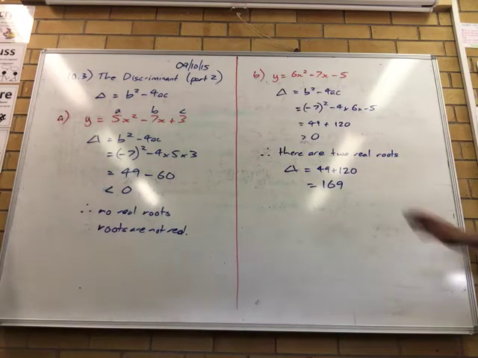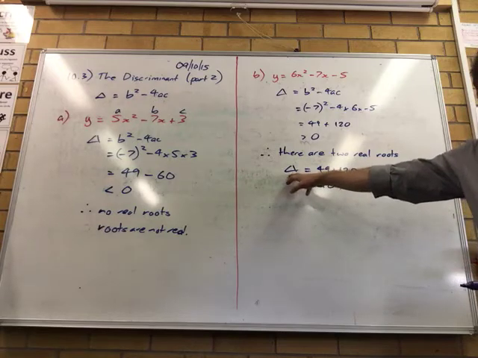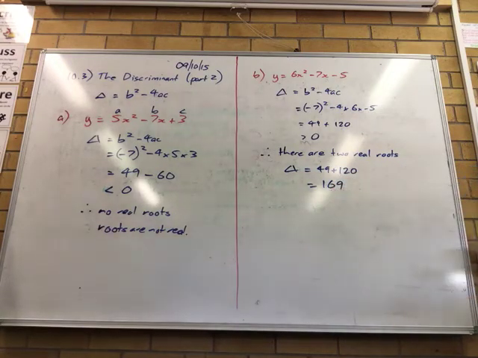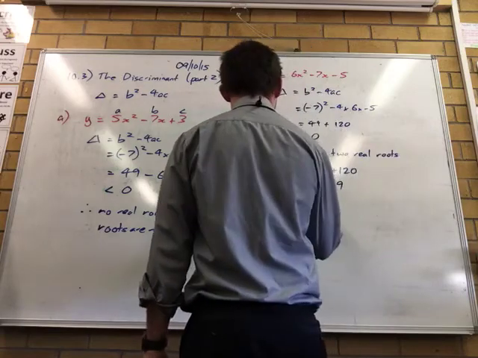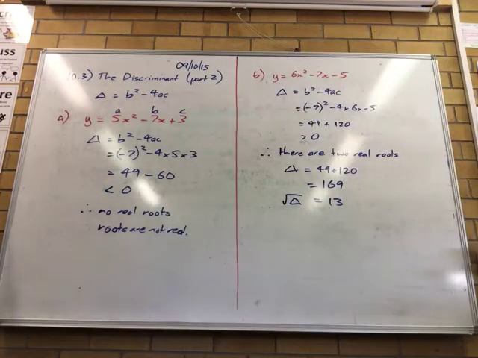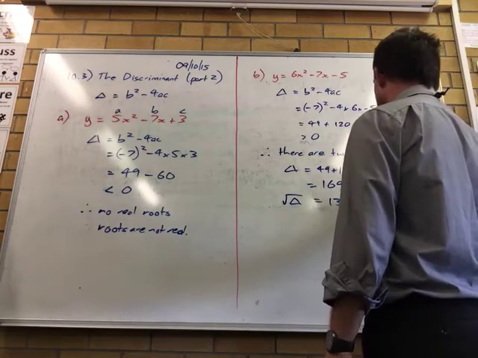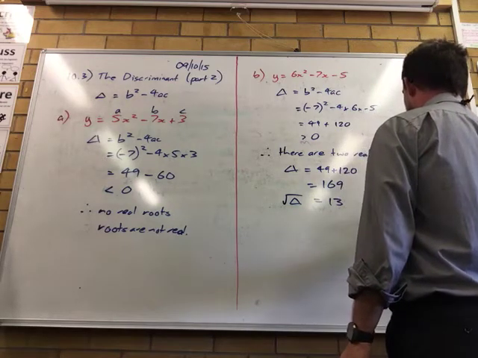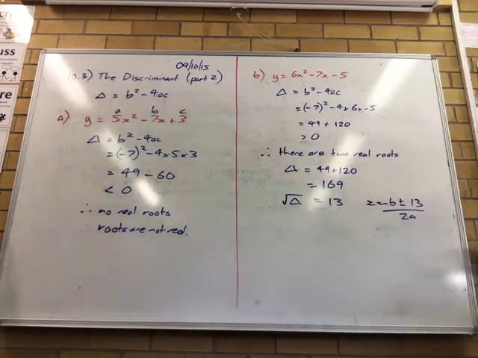Now, remember that the discriminant is underneath the surd. So if I take the square root of 169, I have what? 13. So the square root of the discriminant is 13. Remembering this is in your form x equals minus b plus or minus 13 on 2a.